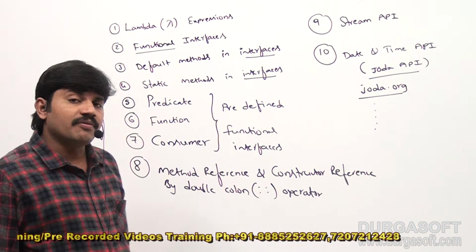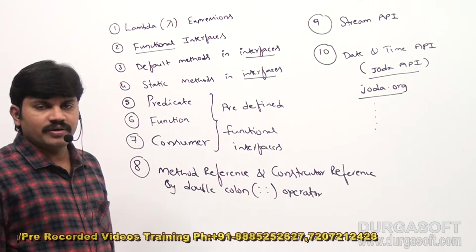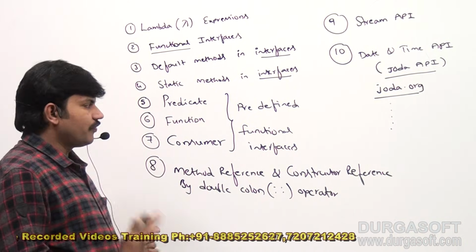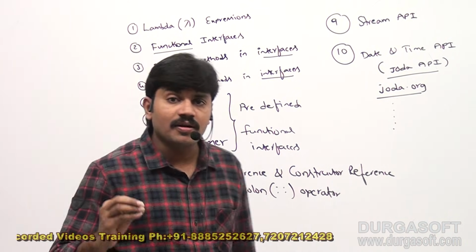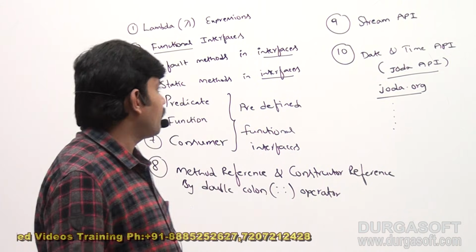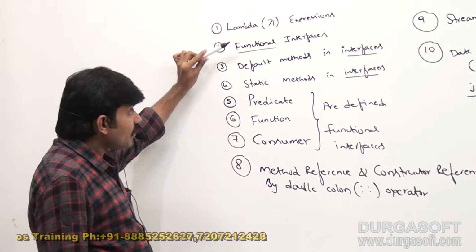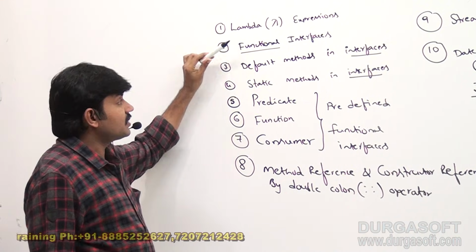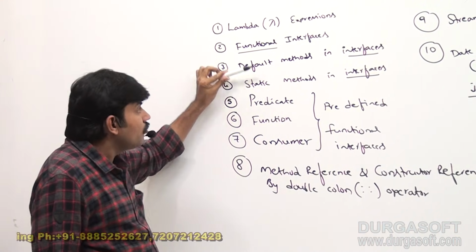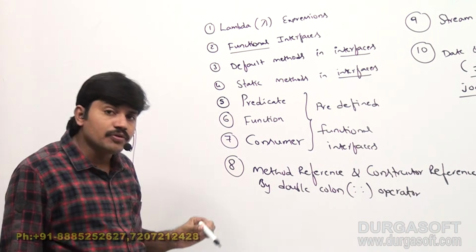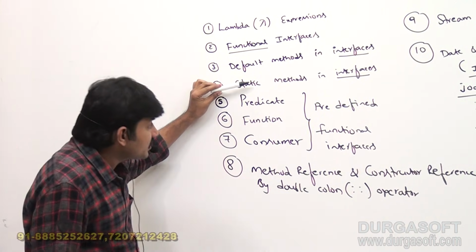There are several other topics as well. These are the new features that came as part of the 1.8 version. First we need to talk about lambda expressions and functional interfaces. Next, in interfaces, a new addition: default methods, what is their purpose, and static methods.